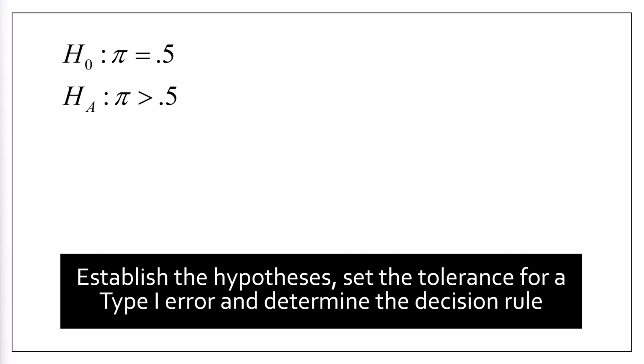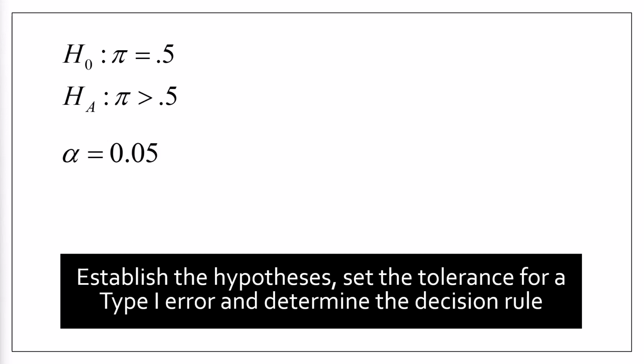Now we have to set the tolerance for type 1 error, and we can set it at anything. 0.05 is something you have probably seen many times, the overwhelming majority of the time in the past, but it doesn't have to be 0.05. But I'm going to go ahead and use it because I'm going to stick with a societal norm. That's typically what we set, at least in the behavioral and social and medical sciences.